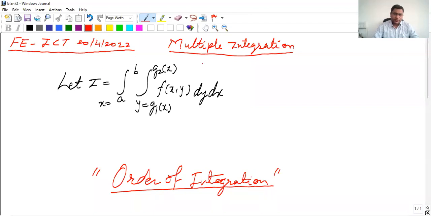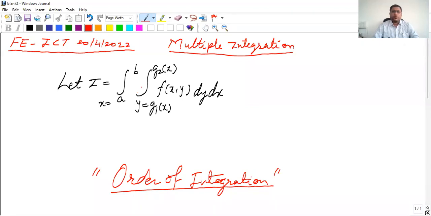See this integral. I have written dy dx, so for this integral, dy dx is the order of integration. Now the question is, why only dy dx? Why not dx dy?